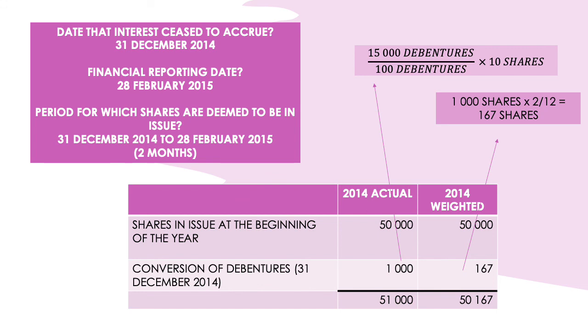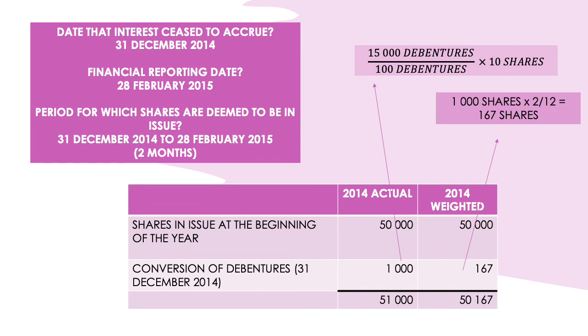Therefore, in the weighted column, we also have 50,000 shares. But then we know on the 31st of December 2014, we converted these debentures into ordinary shares. That is the date that interest ceased to accrue. Therefore, that is the date that we can include these shares in the calculation of the WANZO as per IAS 33. Now, if you work it out, you should get 1,000 ordinary shares issued.